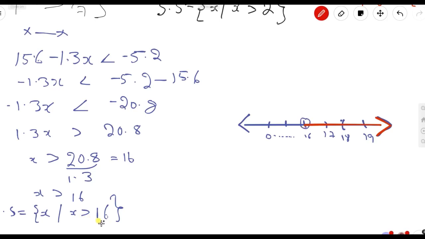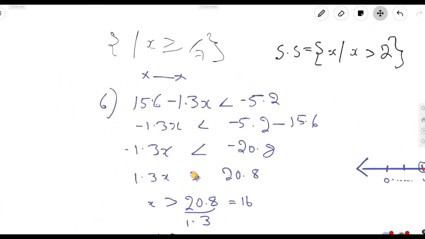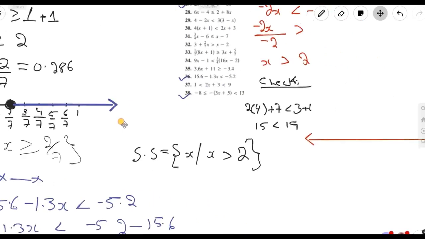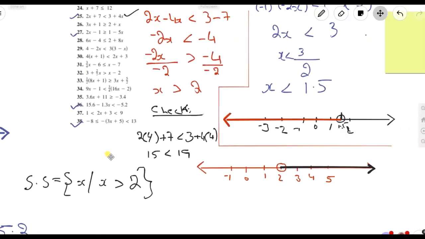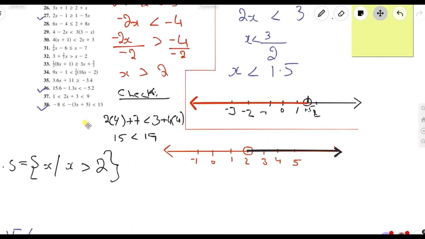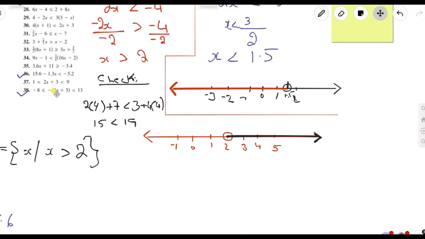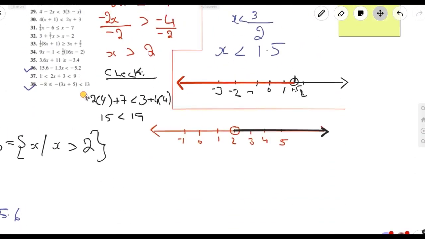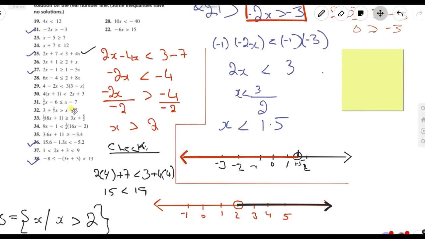Okay, now let's see the next question. Okay, 38. How about I move this snapshot a bit upwards? Instead of upwards, how about a bit to the right side?